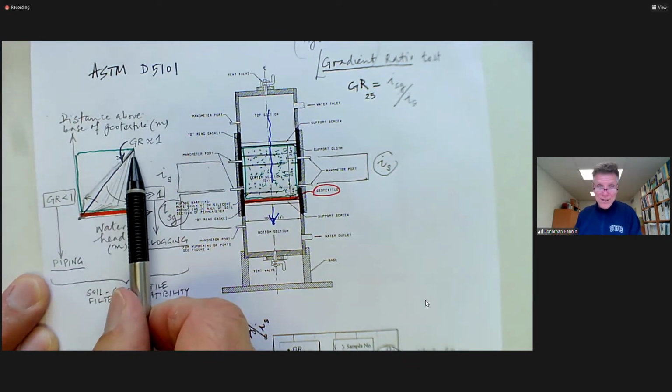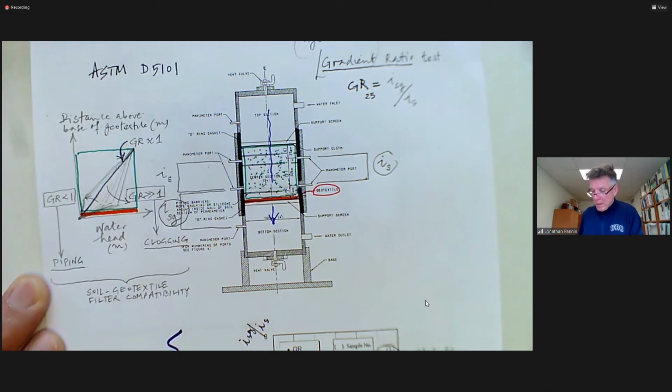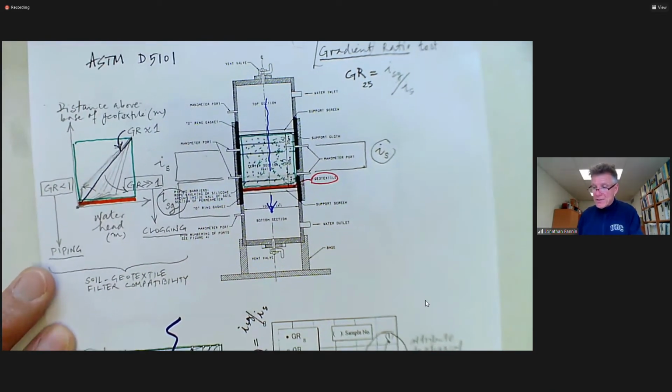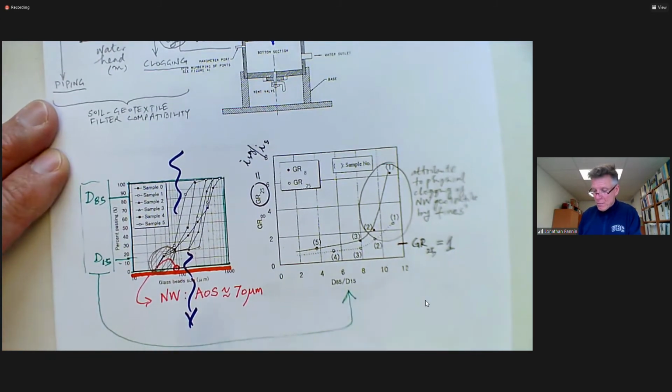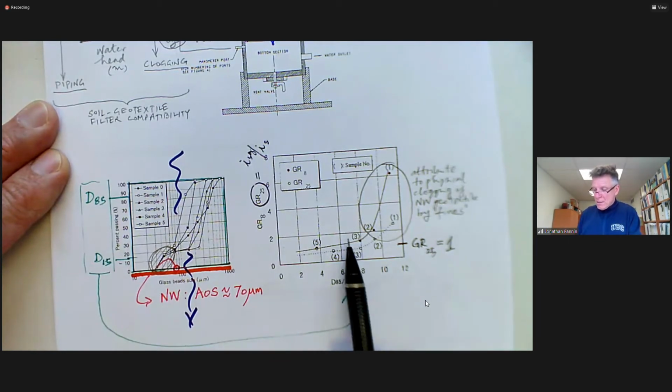Nominally, the gradient ratio would remain at 1. And were I to illustrate that concept, you see it here for physical clogging by fines that are smaller than the opening size of the geotextile in testing here.